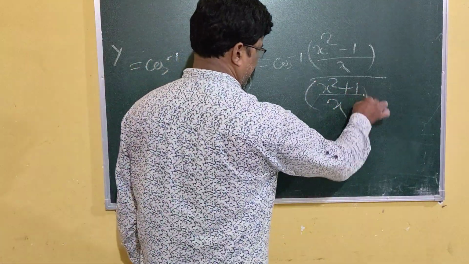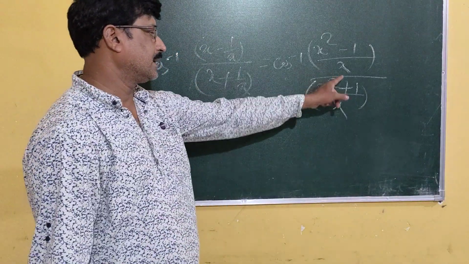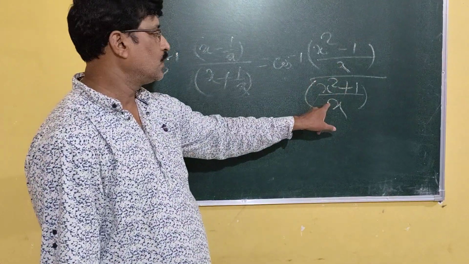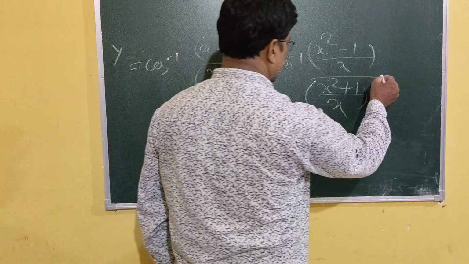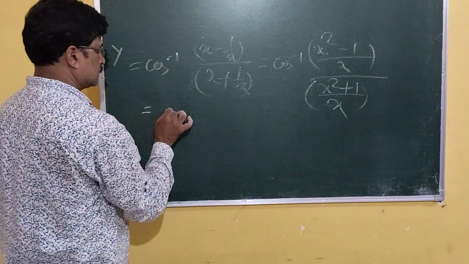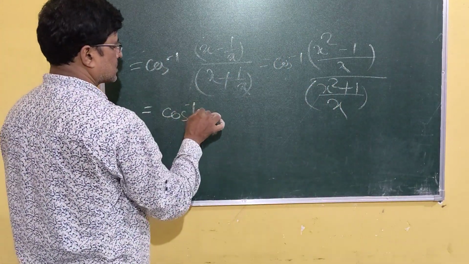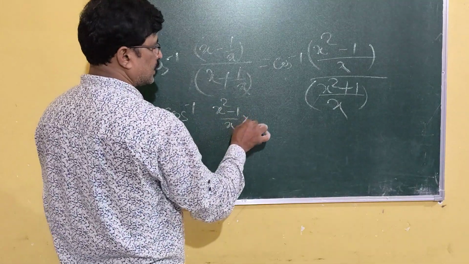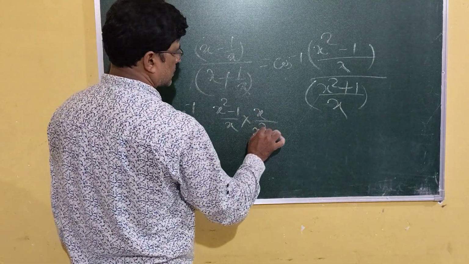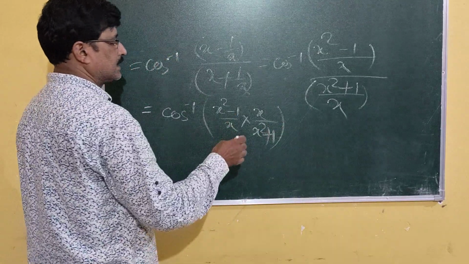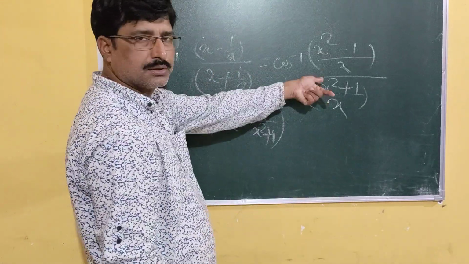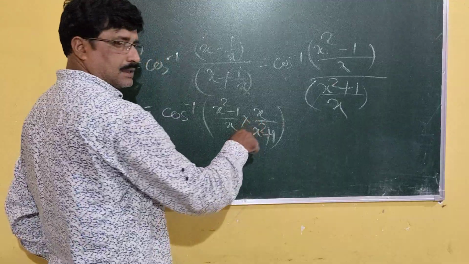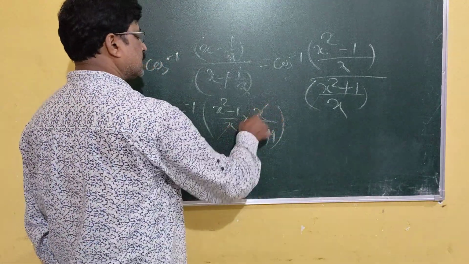Here numerator and denominator both have x, so you can write this as cos inverse of (x square minus 1 by x) into (x by x square plus 1). I have changed the numerator and denominator so these cancel out.